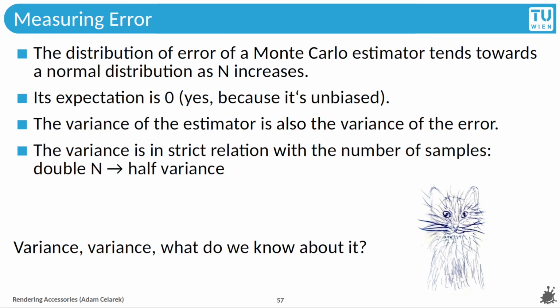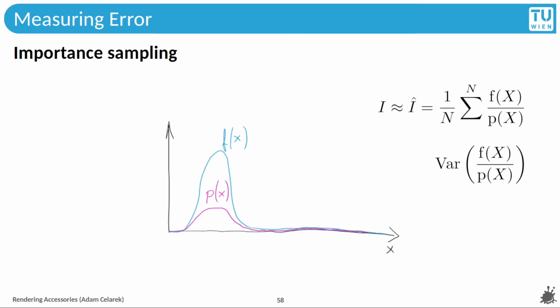Double the n will result in half the variance. Variance, what do we know about it? Can we compute it somehow? We heard about importance sampling before, and we learned that it can be used to reduce the variance and the error. It would be even better with MIS.